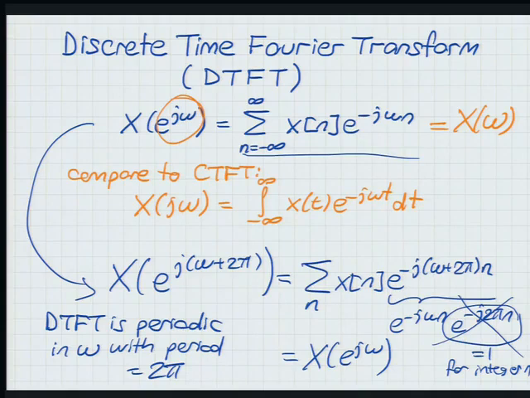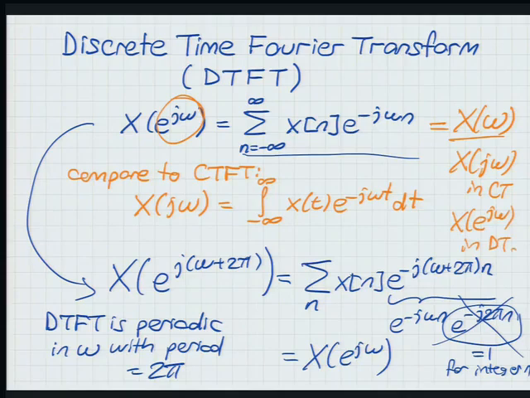It's the DTFT, not CTFT. Okay, but at the end of the day, it really is a function of the variable omega, right? So I could have just used this. So going forward, if it's continuous time Fourier transform, we're going to use X of j omega, because there it always appears multiplied with j. And in discrete time, we will call it X of e to the j omega. All right? So this will also remind you that this is a periodic function of omega. All right, so that's the DTFT.